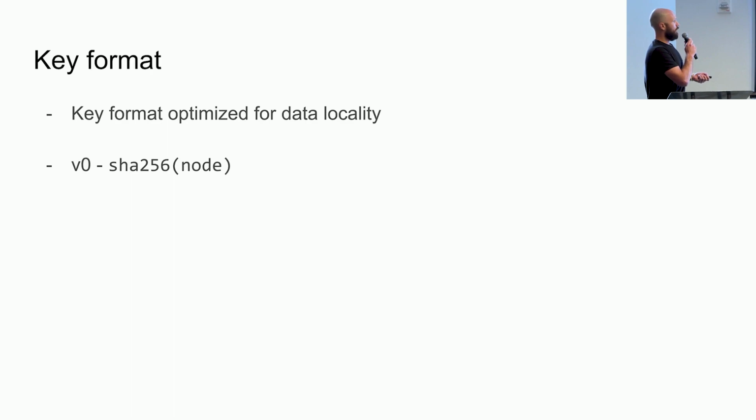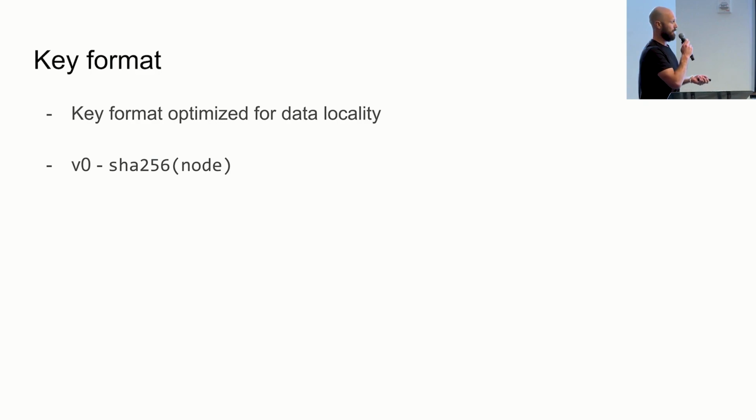So the V0 way of hashing a node and storing it in the database, not in the tree, was to produce a hash of the node. Of course, hashes are a uniformly random distribution, so there's no data locality between nodes at all. So you're not really leveraging any kind of caching.